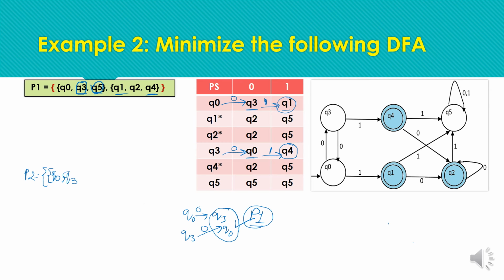So I am checking the compatibility of Q5 with Q0. From Q0 for input symbol 0 we are moving to the state Q3, and from Q5 we are moving to the state Q5.